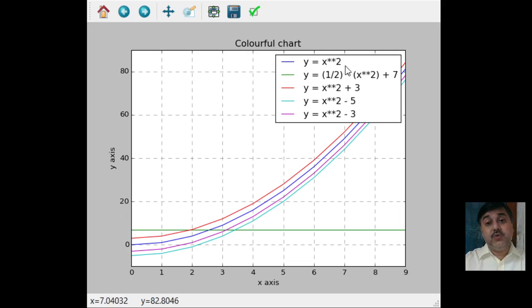See, the first equation has been given here, then the second equation for the second one, third equation, fourth equation, and the fifth equation. That means the legend labels we have written there, based on them we will have different colors. Those colors haven't been given by us; they are given by Python itself.